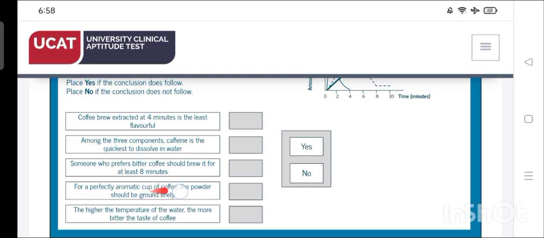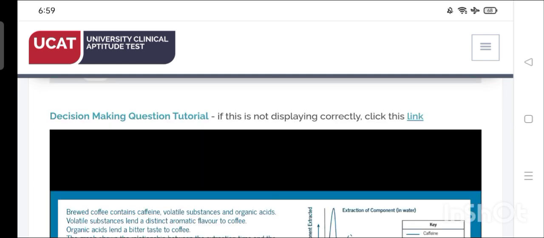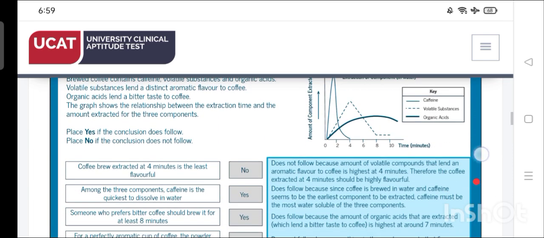For a perfectly aromatic cup of coffee, the powder should be ground finely. The higher the temperature of the water, the more bitter the taste of coffee. So now you can drop yes or no in front of these conclusions which you think are true or not.